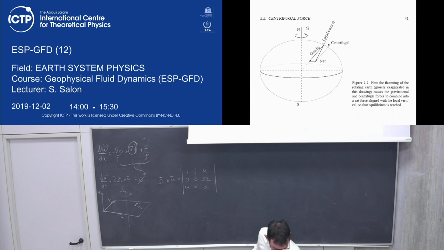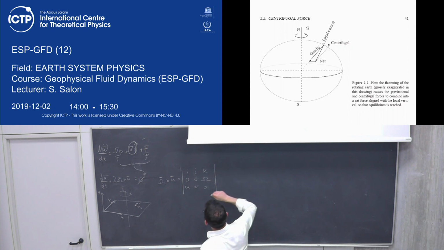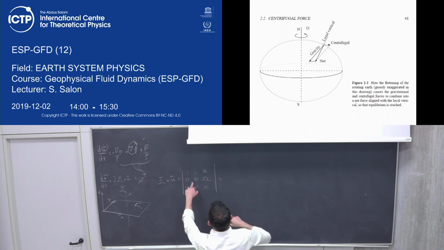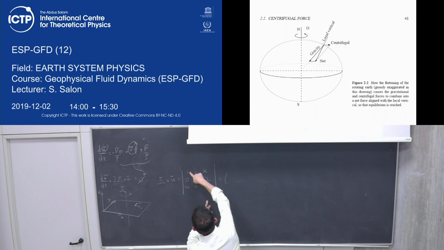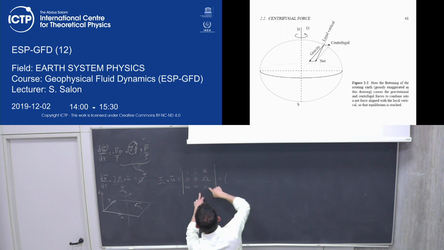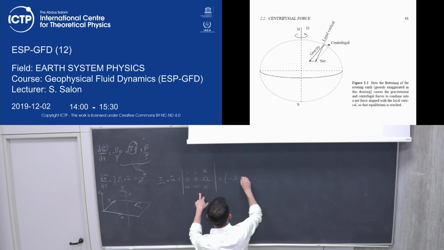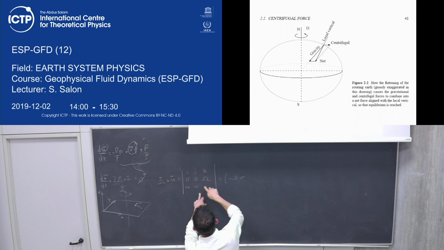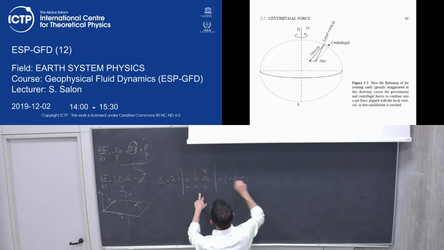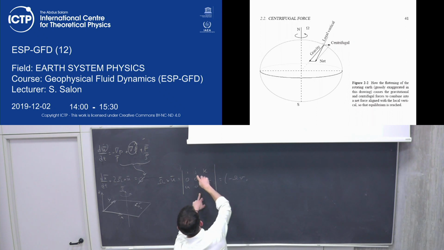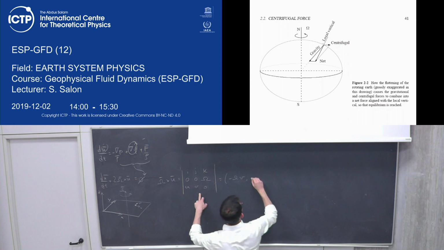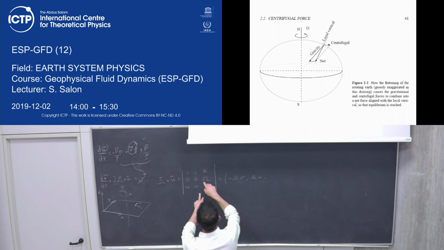So we can express, so this is very easy because the first term is 0 by omega v. The second is omega u, and the last one is 0.